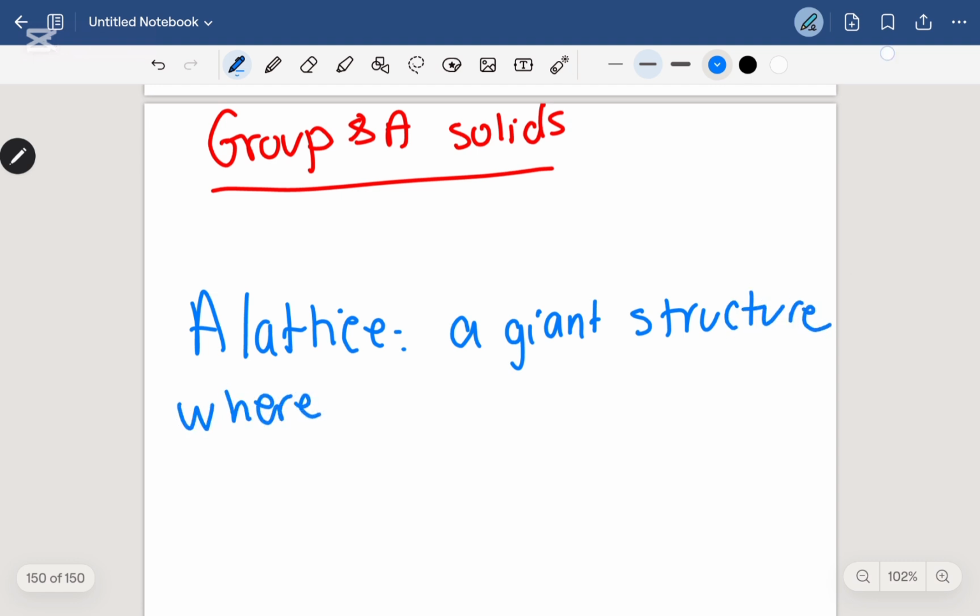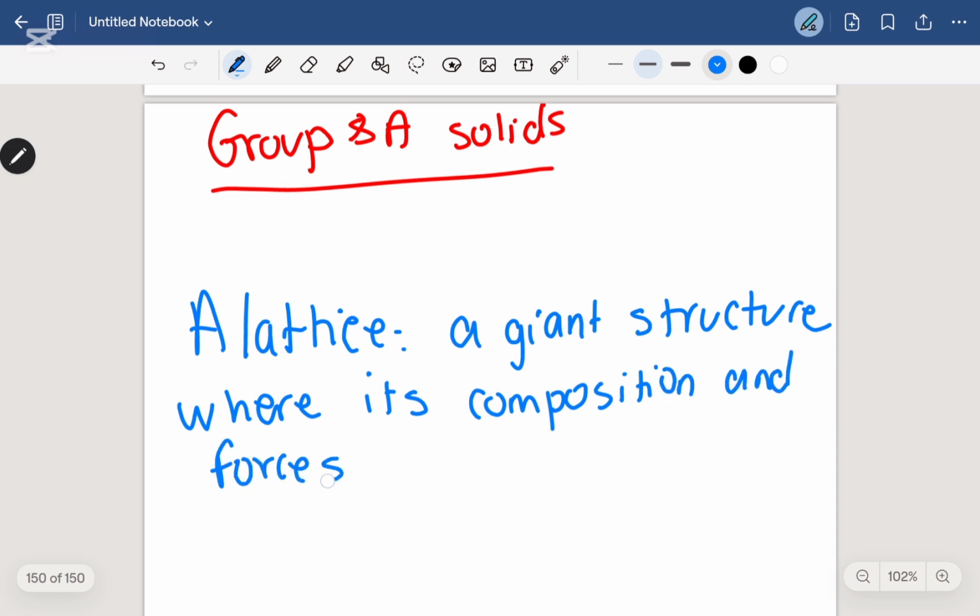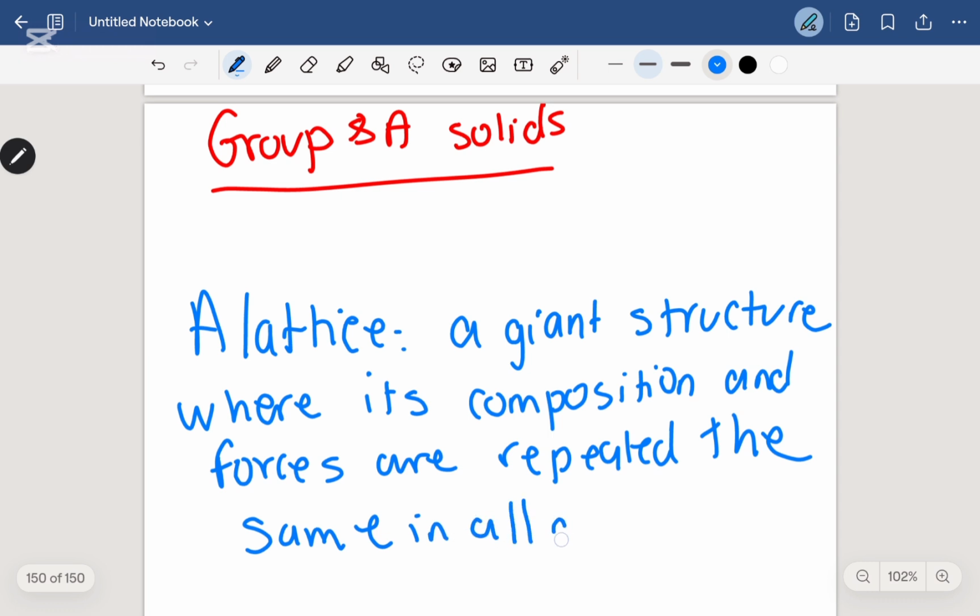Where its composition, I'm going to say composition in this sense, and forces are repeated the same in all directions.